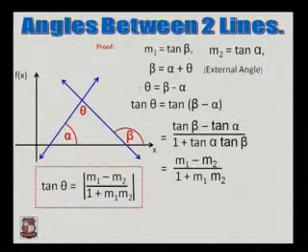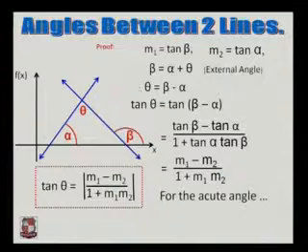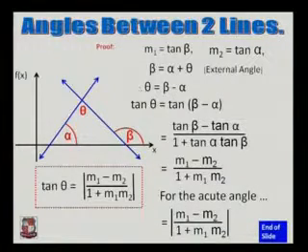And for the acute angle we will take the modulus, because tan theta is equal to the modulus of m1 minus m2 upon 1 plus m1 into m2; for the acute angle, the value is always taken as positive.